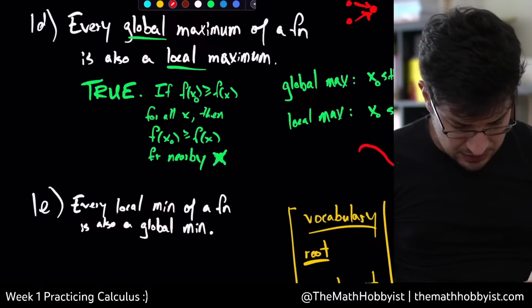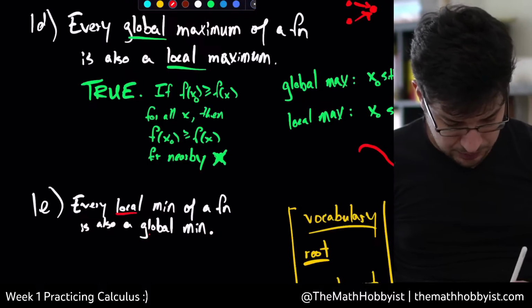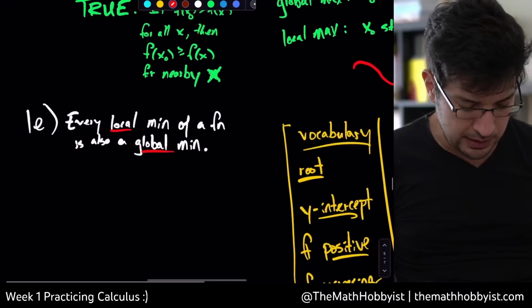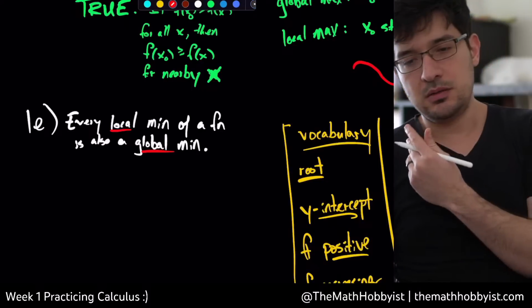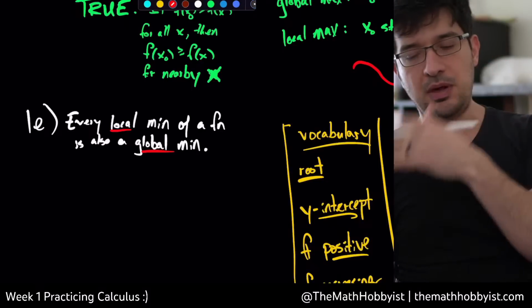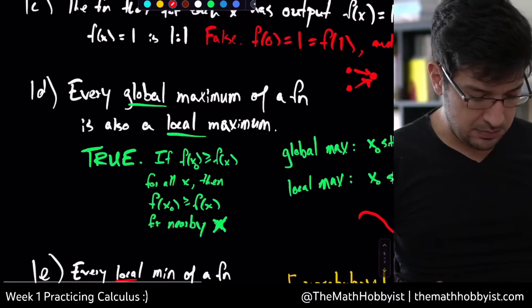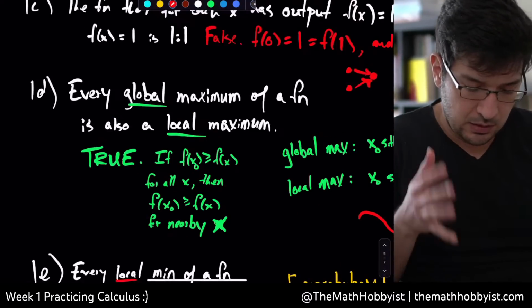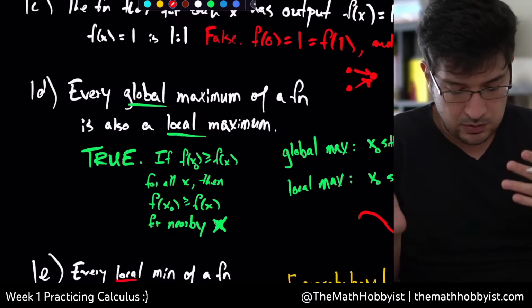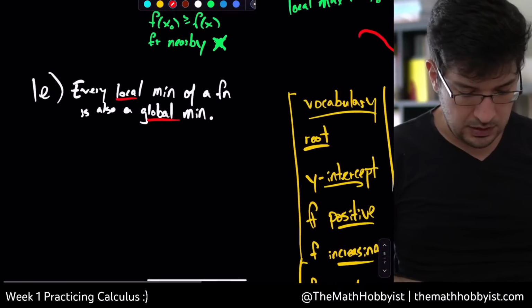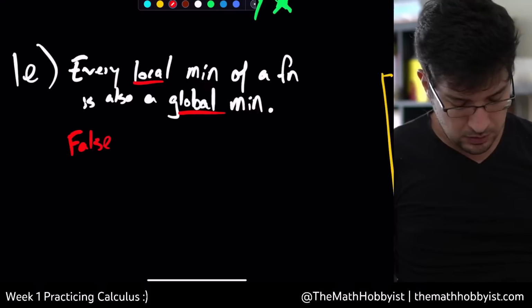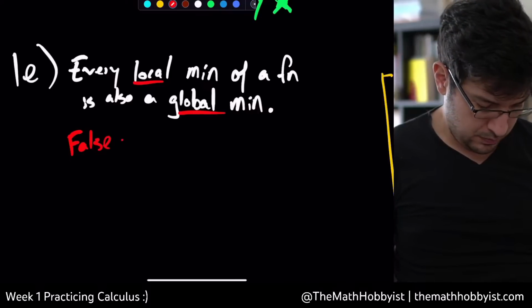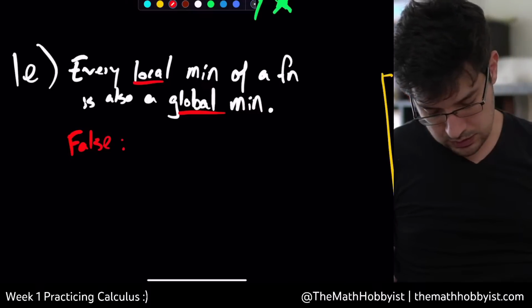But that's not the case, because in part E, we're talking about local somethings being global somethings, whereas in part D, it was every global something is a local something. I think that's clearly not true. That's false. What's a good example?